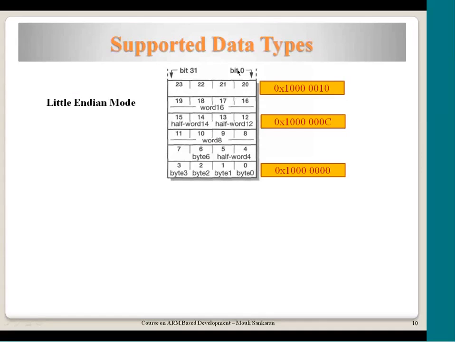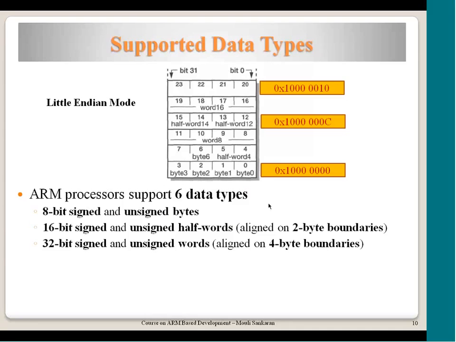Now when the least significant byte of the 32-bit data is stored at a lower address, then it is little endian mode. So what we are showing, the content of the memory here, is little endian mode. This is how the address is increasing.